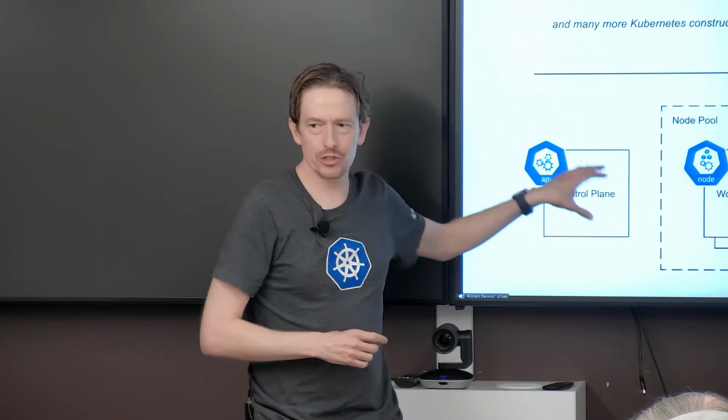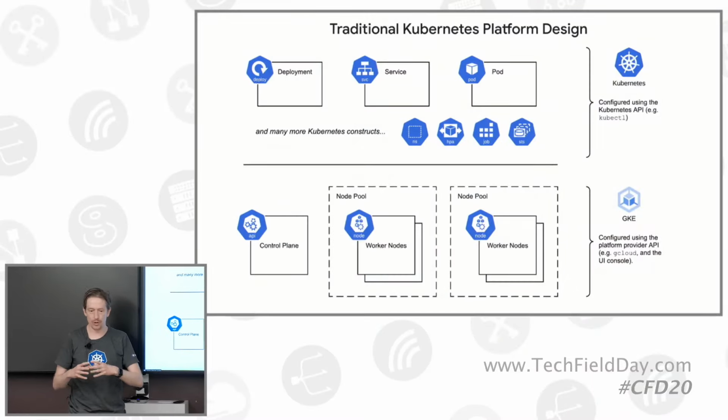Inside that box, if you were to do this yourself and you want high availability, you need to create 3 VMs and run the Kubernetes software on them. Unfortunately, those VMs need state. They're running a key value storage system, so you need replicated state on those 3, which of course means you need backups of that state, and so on. There's a lot that goes into this control plane.